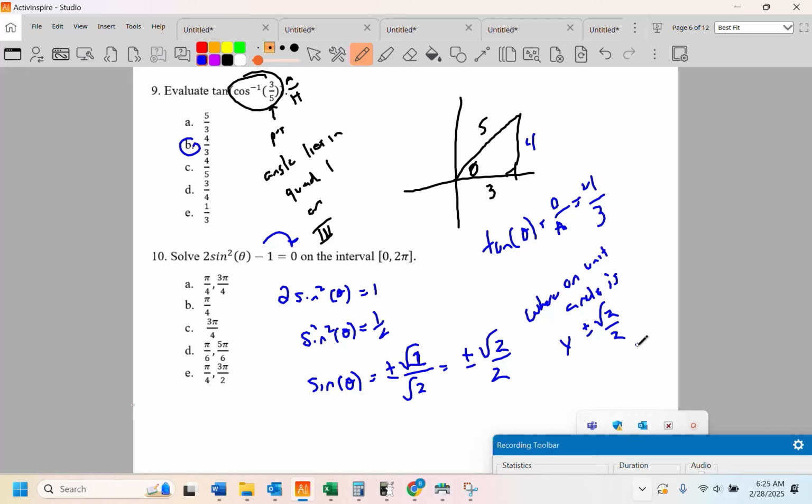I don't know why they did it, but they did. The best choice that is presented is this one. There should be a couple more answers, or they should have restricted it to pi. But it's at pi over 4, 3 pi over 4, 5 pi over 4, and 7 pi over 4. And again, I'm not sure why they didn't do it right, but they didn't.